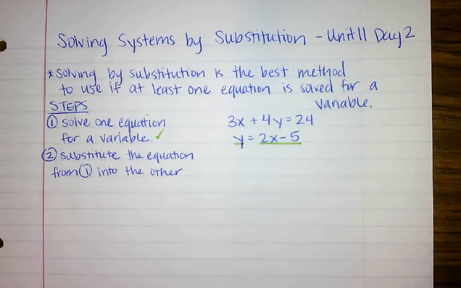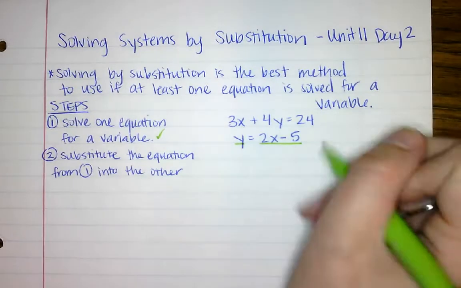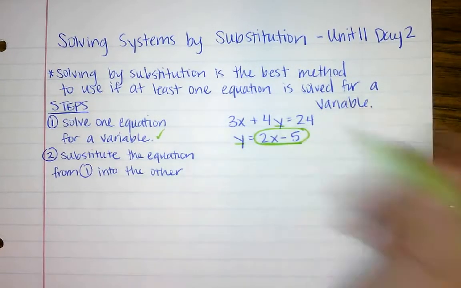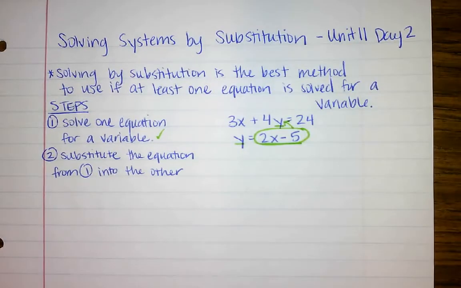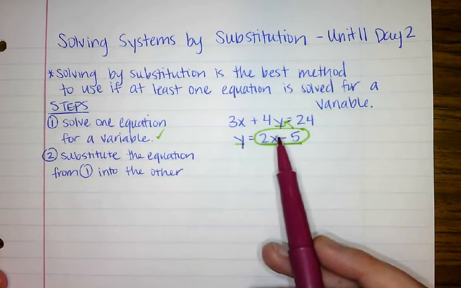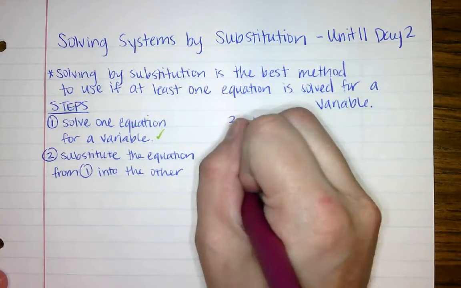A lot of times we substitute in a value, like a number. But instead, we are literally going to substitute this whole expression, 2x minus 5, in for that y. The y is equal to 2x minus 5, so I'm going to plug that whole thing in for y.